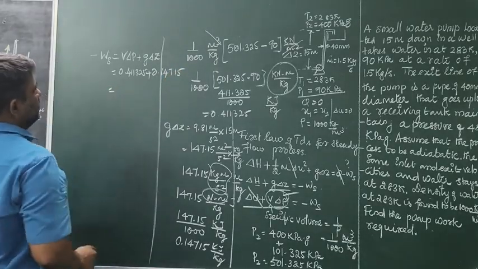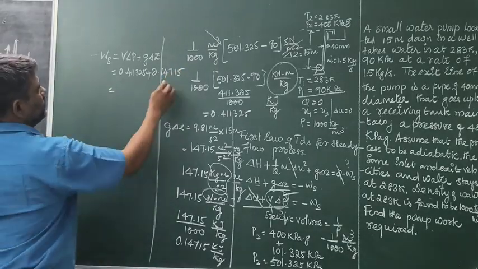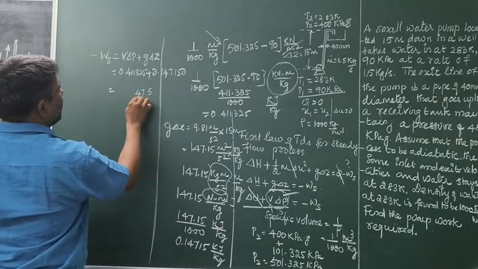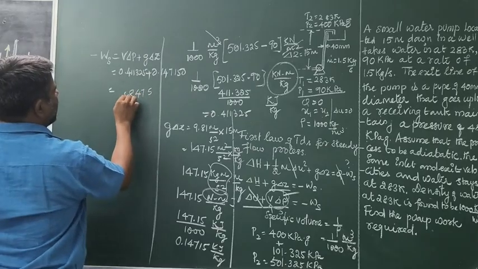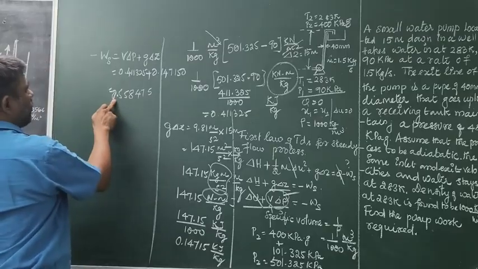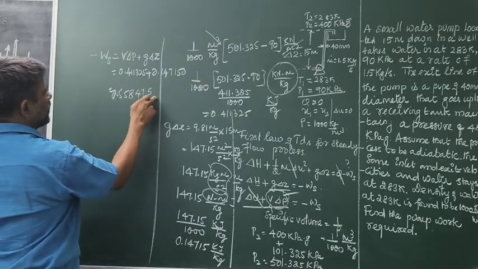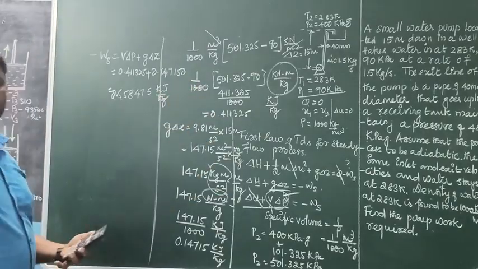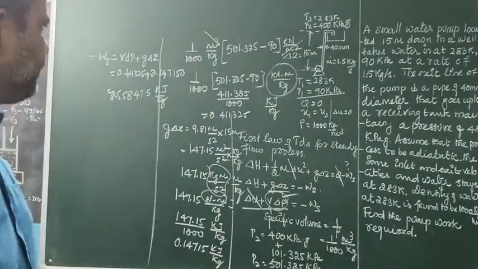What is the answer? The answer becomes 0.558475 kilojoules per kg.